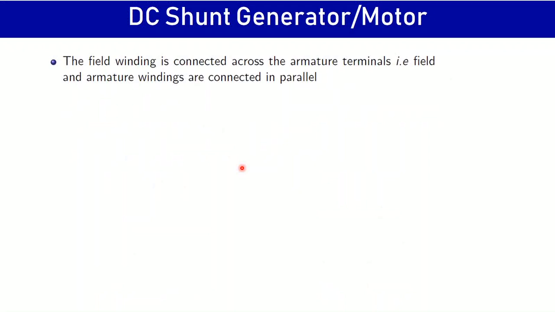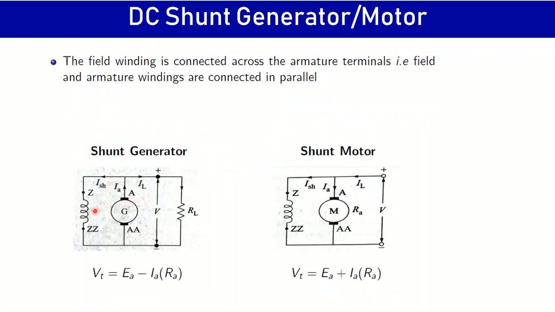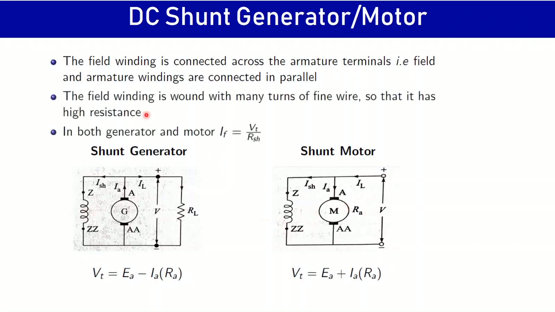As far as DC shunt generator or motor are concerned, both the windings are connected in parallel here. So the field winding is wound with many turns of fine wire. So the resistance of the shunt winding is high in this case. Accordingly, by applying KVL, we can obtain the expressions for the terminal voltage in the case of a shunt generator and a shunt motor.